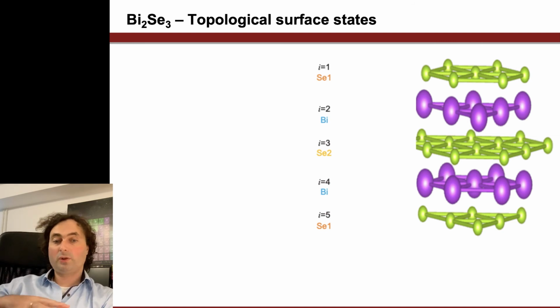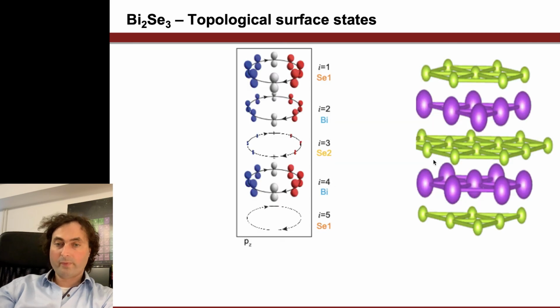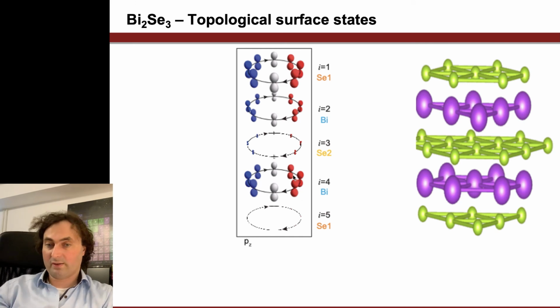We can now have a look at the wave function of our surface state that is bound to the surface. So we look at the wave function at the eigenenergies somewhere here at the blue circle. And then you find that if we just look at the pz character of your wave function, the first layer has a strong pz character, and then it is getting smaller, and the third layer has almost no character, but then the fourth layer has again some pz character.